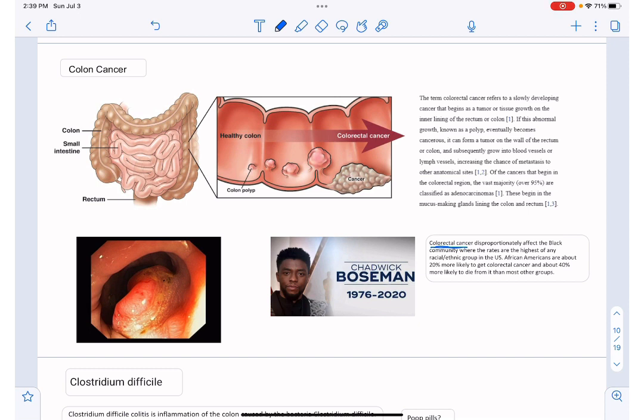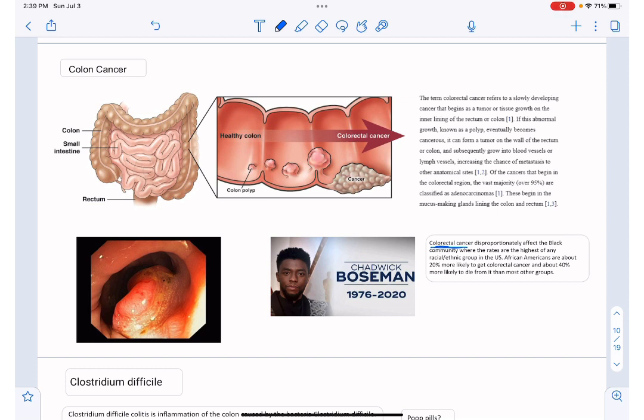There's a higher risk of getting colorectal cancer and a higher risk of dying of colorectal cancer than any other ethnic group in the United States. And a lot of this has to do with access to healthcare and socioeconomic status. But interestingly enough, Black individuals who live in Africa, Africans, do not necessarily have a high rate of colorectal cancer like they do in the United States.